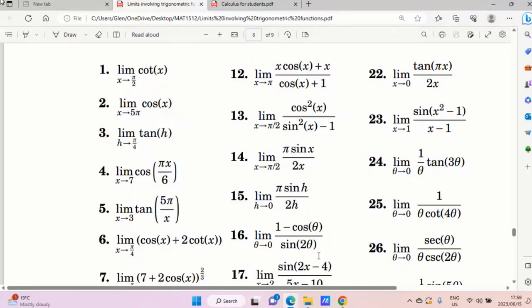Ndumiso, what did you get, brother? Can you hear me, sir? Yes, I can hear you. Okay, I got root 2 over 2 plus 2. And then since I wanted both of them to be under the same denominator, I changed the answer to square root 2 plus 4 all over 2.